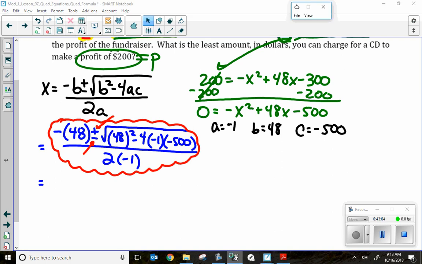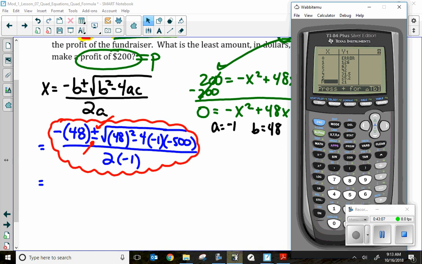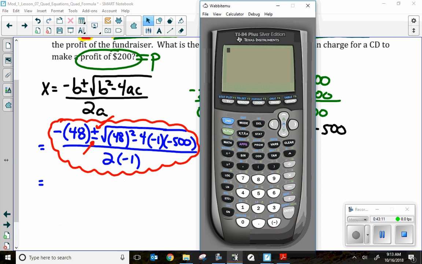So let me open this calculator. Let me get out of what that is. And I'm going to hit alpha y equals and enter. That gives me my fraction. And I'm going to type this in exactly as I have it on the board. Minus, parenthesis, 48. And I'm going to start with my plus. The square root of, parenthesis, 48 squared minus 4.